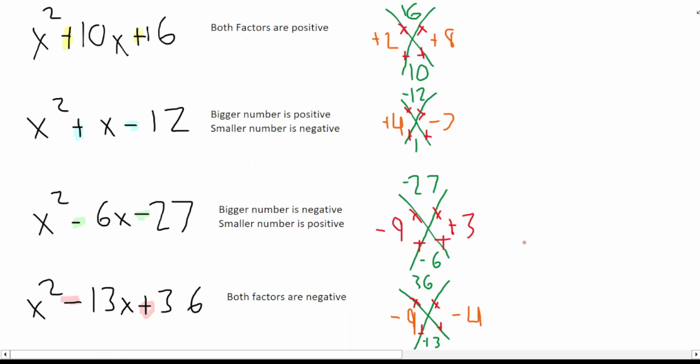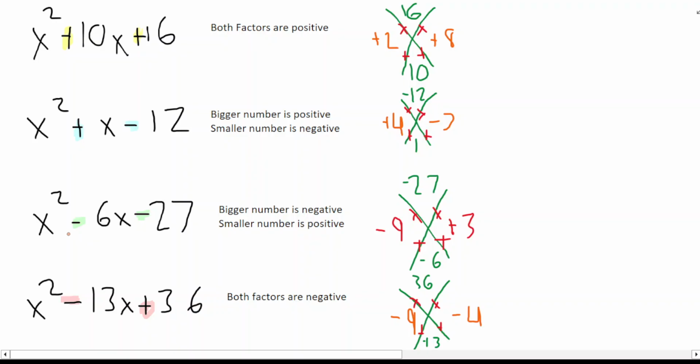So to recap the techniques, if you notice both signs are positive, your factors will be positive. If your second number is positive and your third number is negative, your bigger factor will be positive and your smaller factor will be negative.